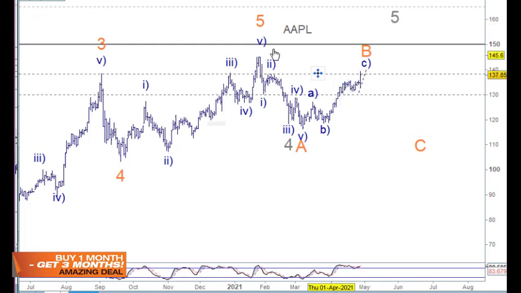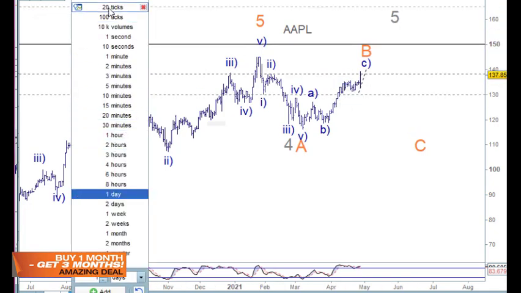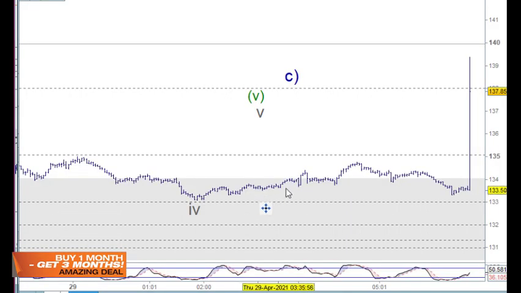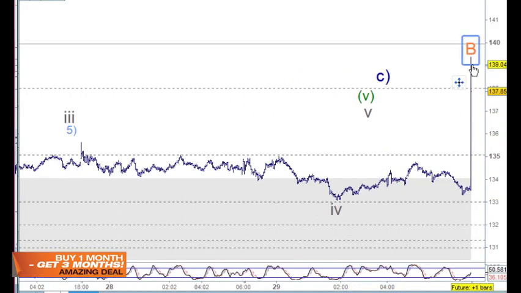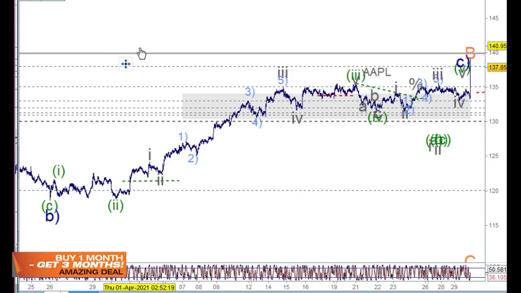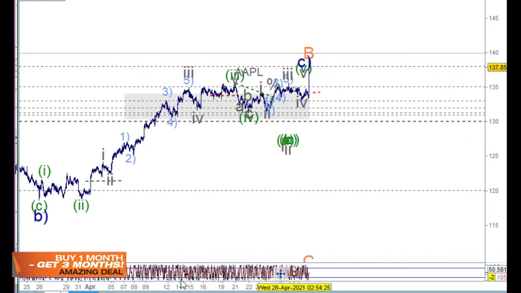But I'd want to get past those little 5 waves here, and the little spike up today hasn't really helped in terms of counting the structure. See this little move here? So that hasn't really helped a lot at that point, but let's just check it out anyway.